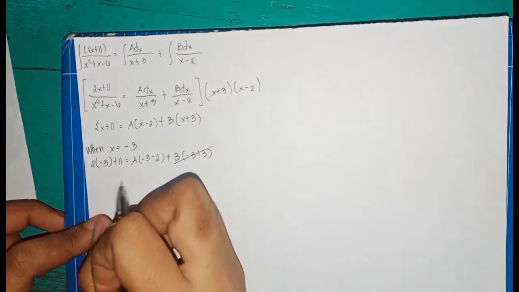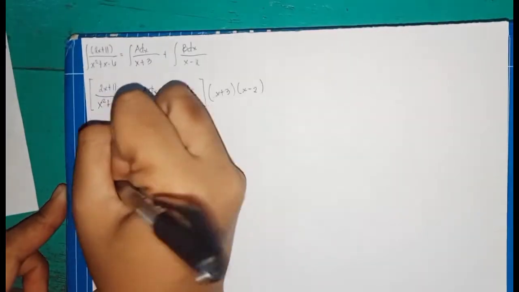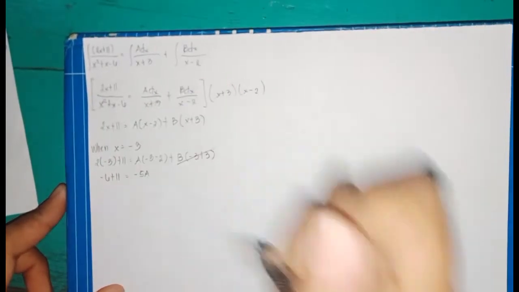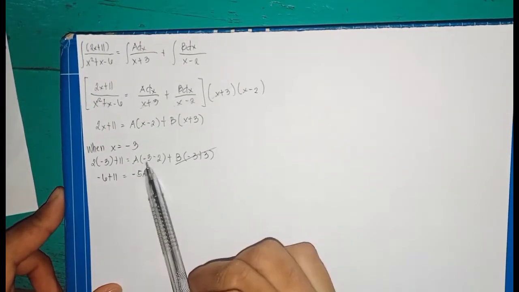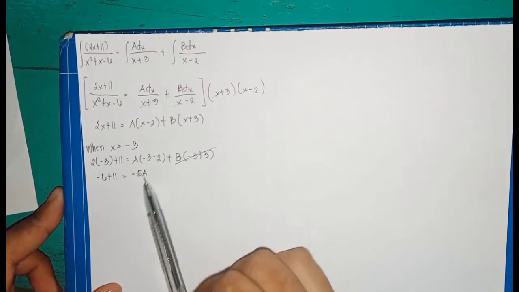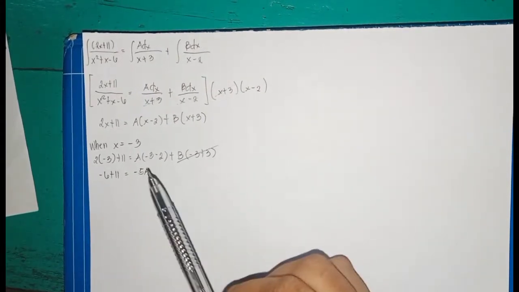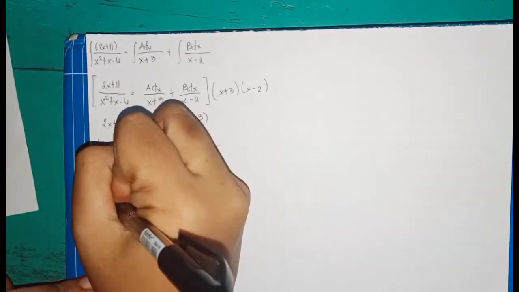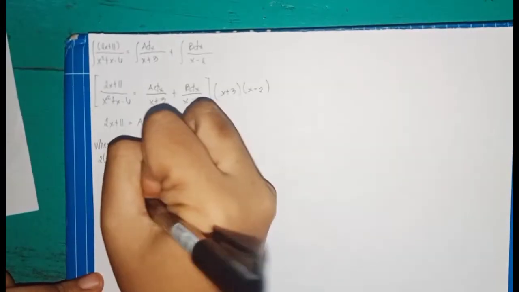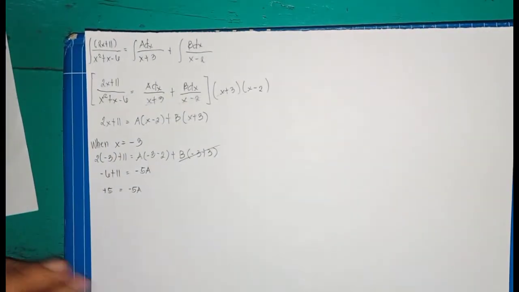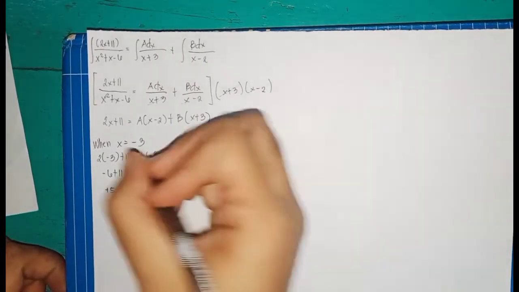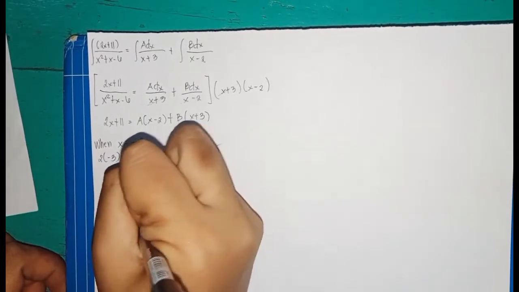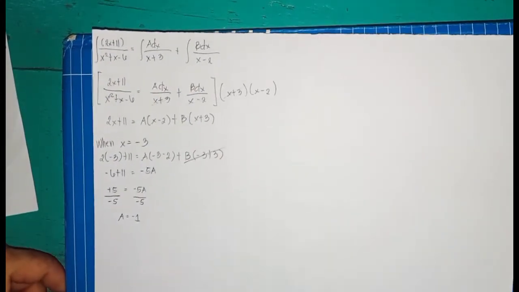So 2 times negative 3 will be negative 6 plus 11 is equal to negative 5A, because negative 3 minus 2 will be negative 5. We will just add this because of the same sign. So this will be positive 5 is equal to negative 5A. So to get the value of A, we will divide by negative 5. So A is equal to negative 1. So we will have negative 1 for the value of A.